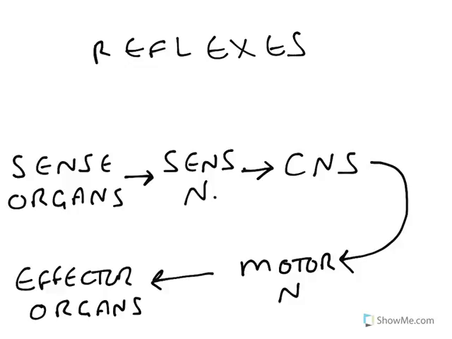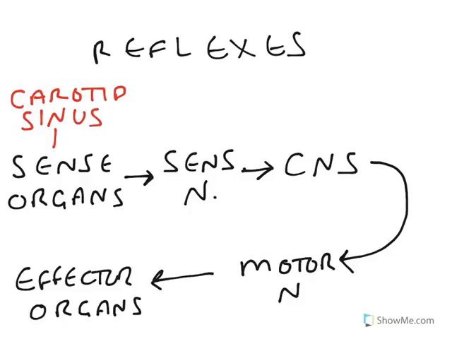Now, if we're thinking about the regulation of arterial blood pressure, the major sense organ which detects the level of arterial blood pressure is the so-called carotid sinus. We're going to have a look where the carotid sinus is in a little while.